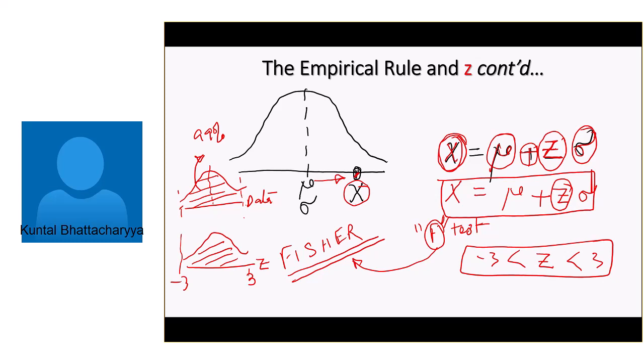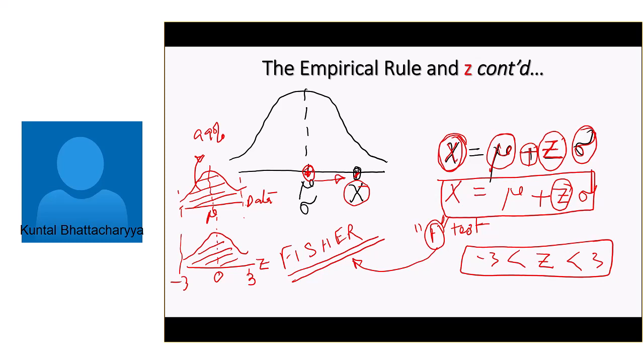So if I look at this point, which is the mean itself, and I ask you, what would the corresponding z value be for this point, for the mean? Again, z represents what? The number of standard deviations that a point is away from the mean. If it is on the mean itself, is it away from the mean? No. So the z value for it is, you guessed it right. If this is the mean, the corresponding z value is always 0. And here lies the beauty of z.